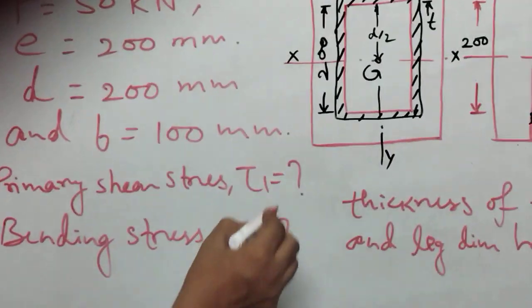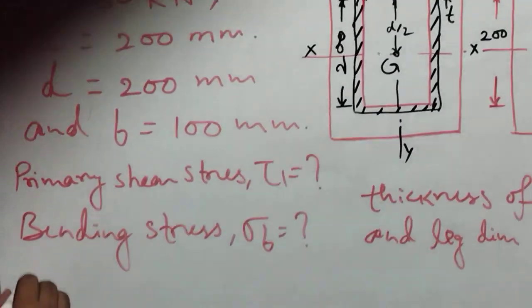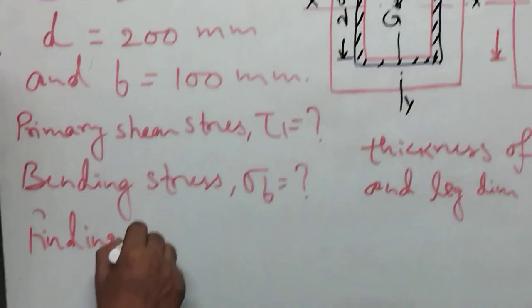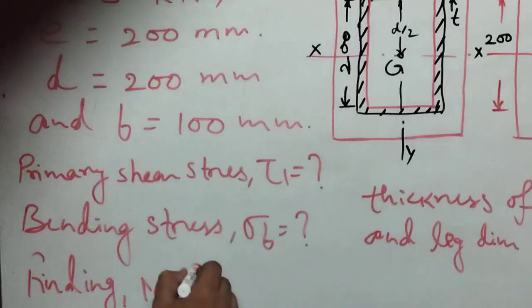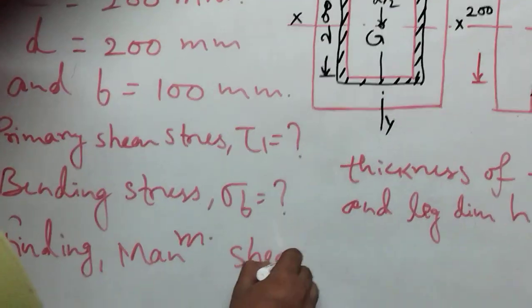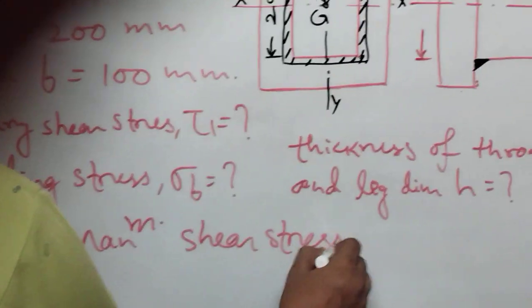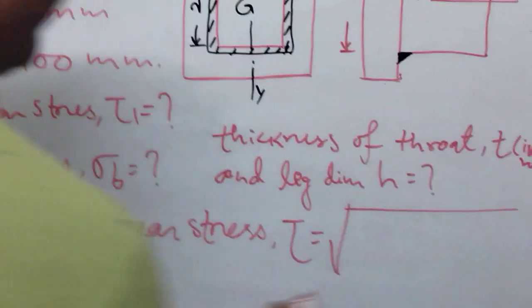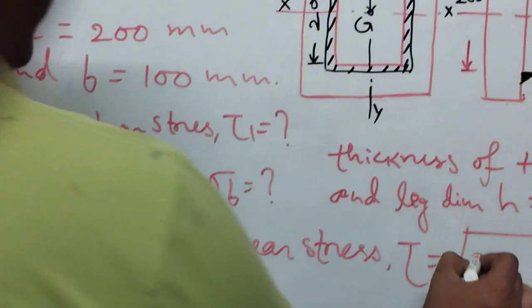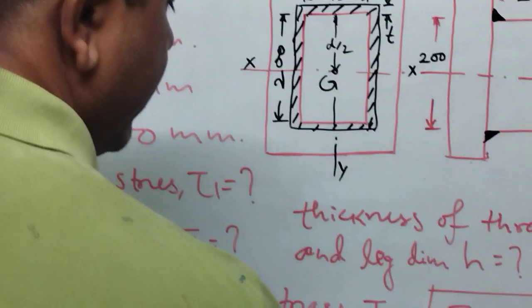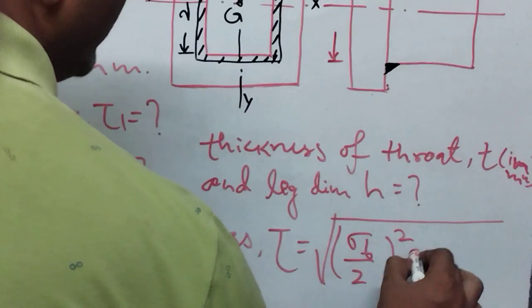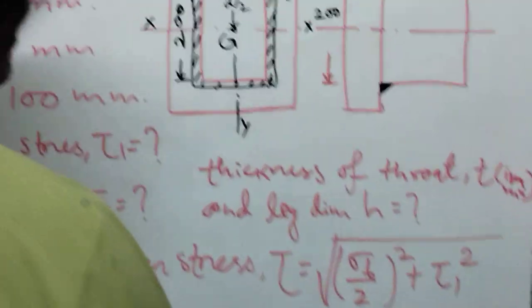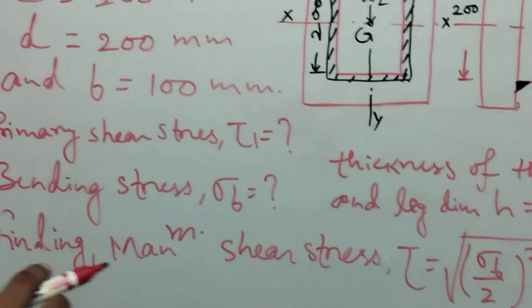Combining both the primary shear stress and bending stress, we find the maximum shear stress: tau equals the square root of (bending stress divided by 2) whole square plus primary shear stress whole square, in Newton per millimeter square or megapascal.